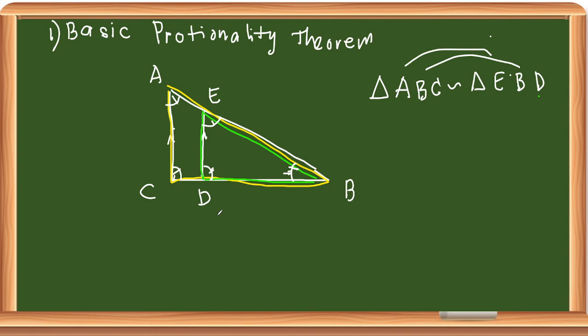And since they are similar, therefore their respective corresponding sides are proportional. Now, for example, if this is 12, and BC is 8. This is 3. This is 6 and this is 3.